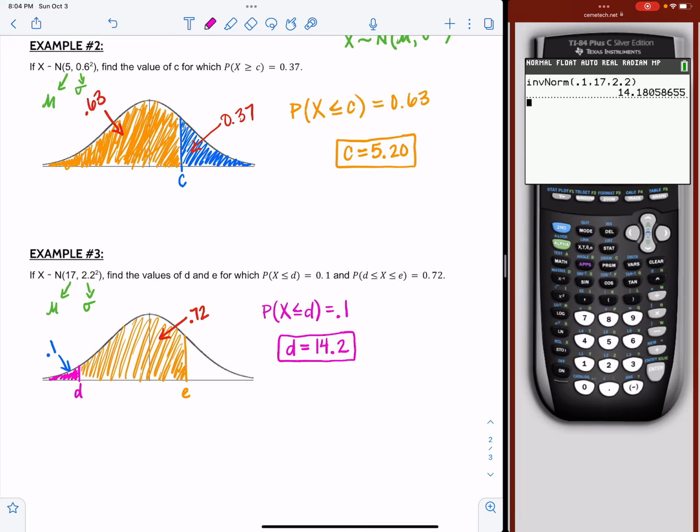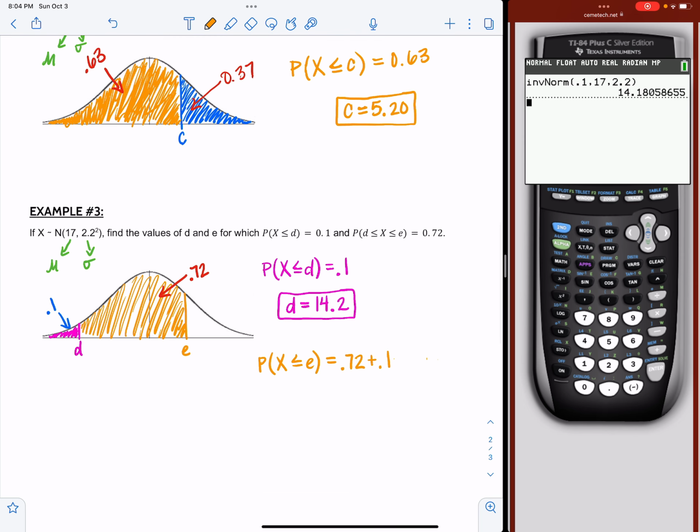Now, in order to find E, we could say the probability that X is going to be less than E is going to be equal to 0.72 plus 0.1. So please make sure you are aware of that. We had to add both of the areas together, which means we're finding the probability that X is less than E is equal to 0.82.